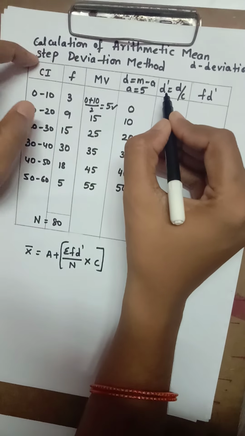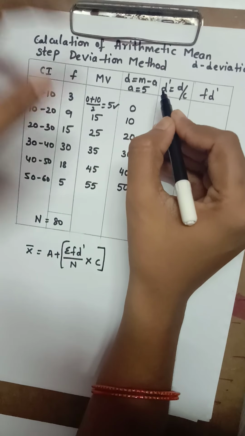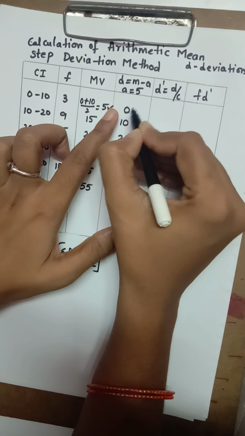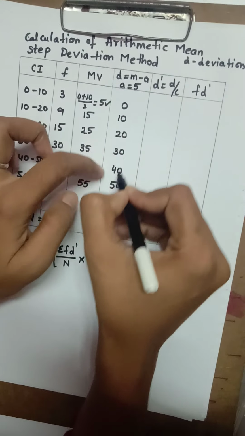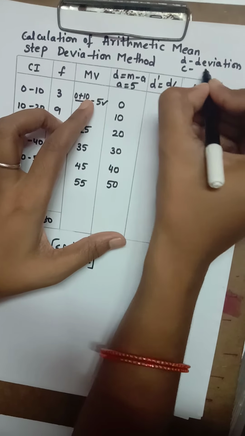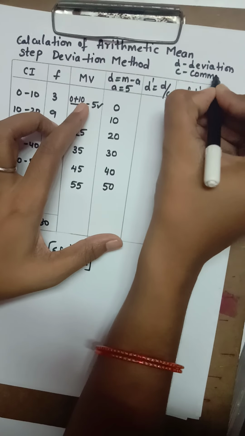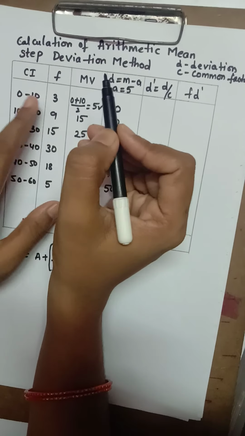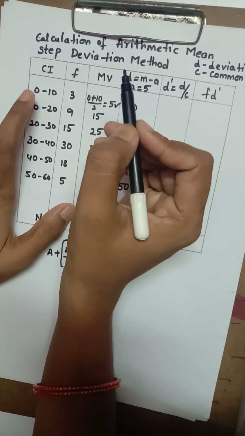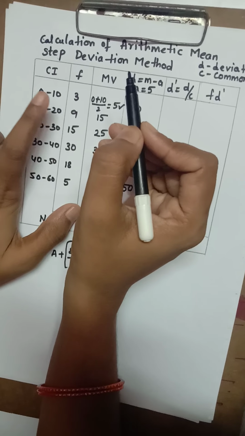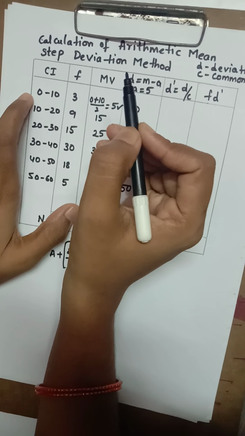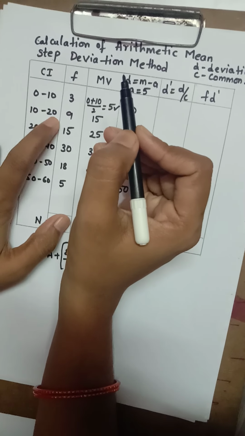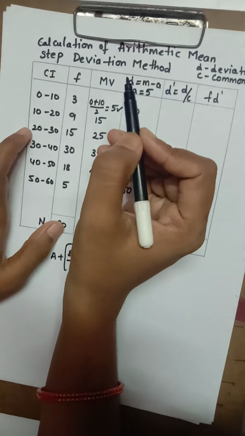Now, further, the next step in the step deviation method is D dash. Now D is these values and C is nothing but the common factor. Here the common factor in this problem is the difference between the lower limit and the upper limit, which is 10. 20 minus 10 is 10. 30 minus 20 is 10.